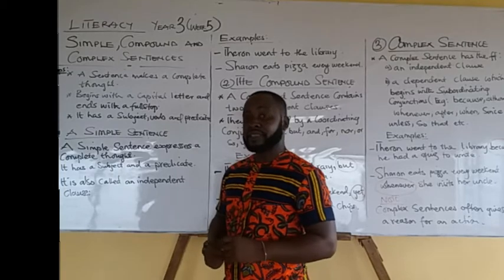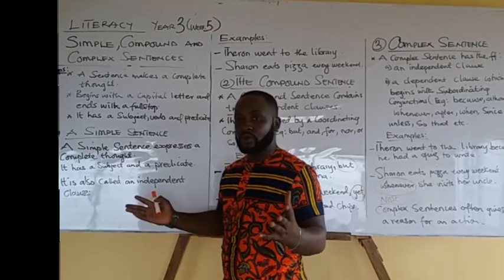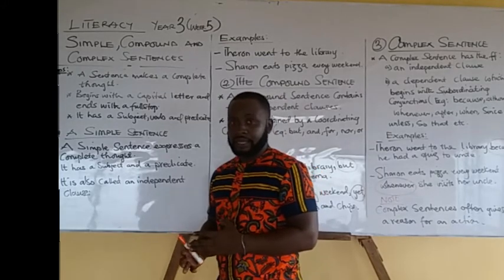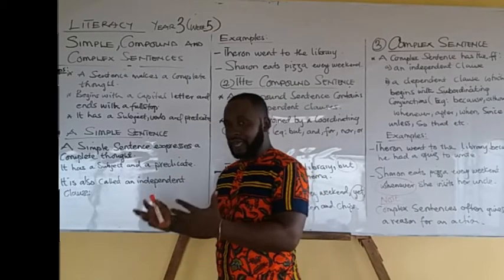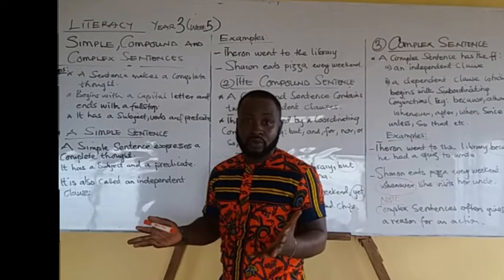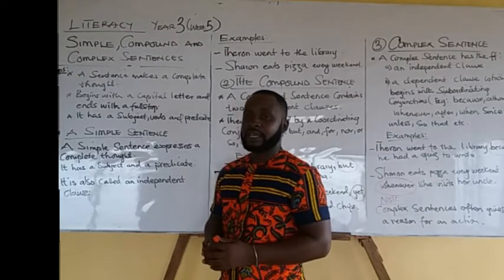A subject of a sentence is the one that performs the action. So, in the house, if you are being asked to fetch water, we will say that Kuku was asked to fetch water. Who was asked to fetch water? Kuku. And who is fetching the water? Kuku. Right? Good.